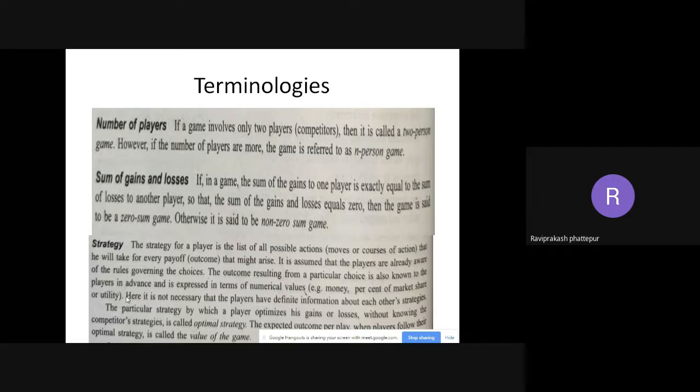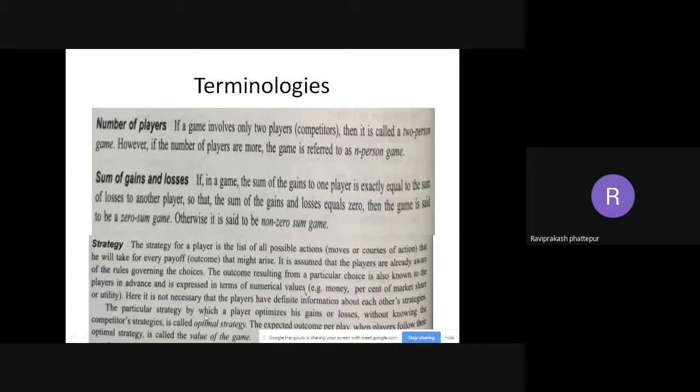But if you are losing, you want to minimize the loss, you want to lose as little as possible. So that is the strategy these two players will basically have. So that is what is called a strategy.